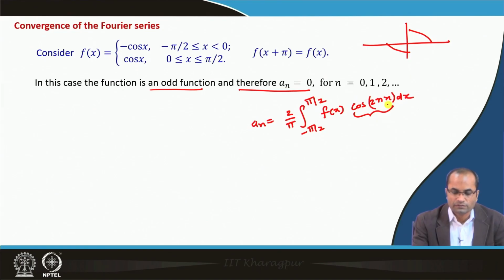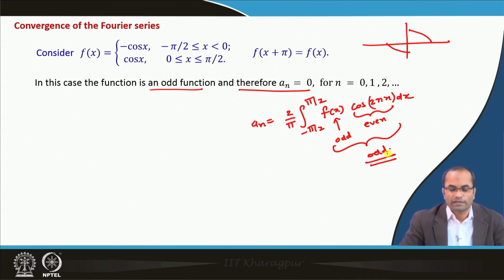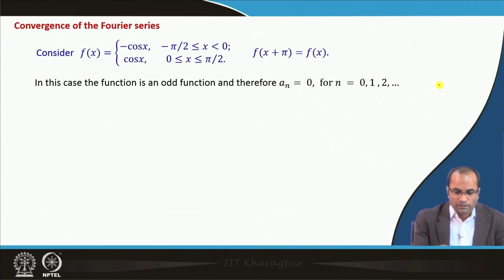This cos is an even function, and f x is an odd function, so the product of even and odd will be an odd function. So, the integrand for this integral from minus pi by 2 to pi by 2 is an odd function, and therefore this integral value is going to be 0. So, all these a n's, these Fourier coefficients, will be 0 for n equal to 0, 1, 2, 3 and so on.